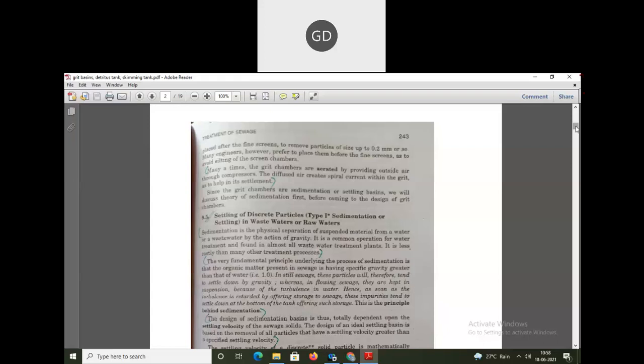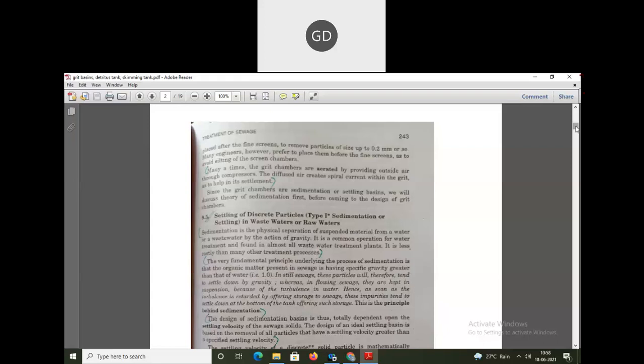There is a principle behind the process of sedimentation: the organic matter present in the sewage has a specific gravity greater than water. Water's specific gravity is one, as everybody knows. So the organic matter present in the wastewater has specific gravities greater than 1.